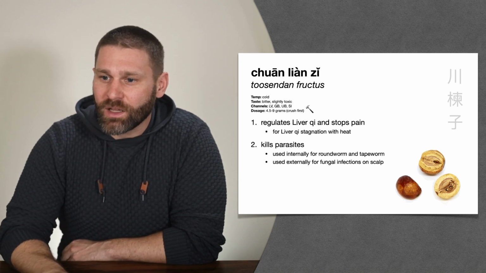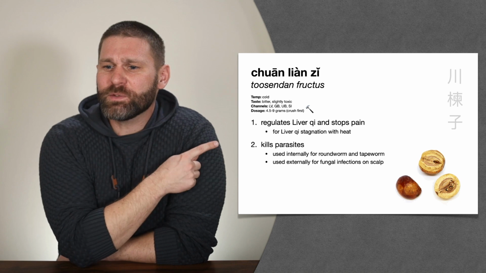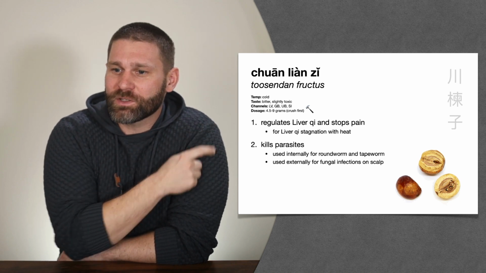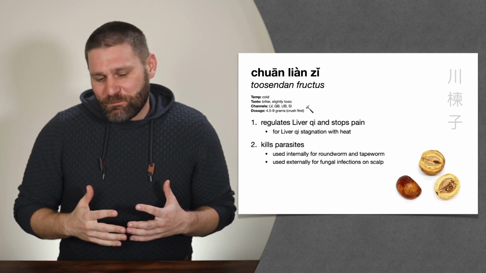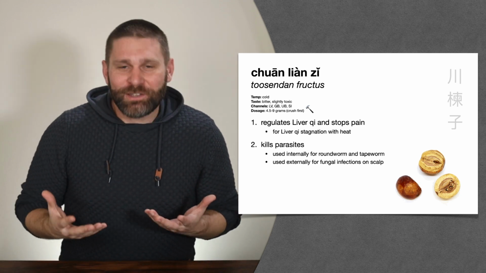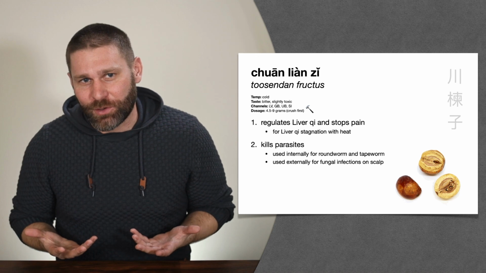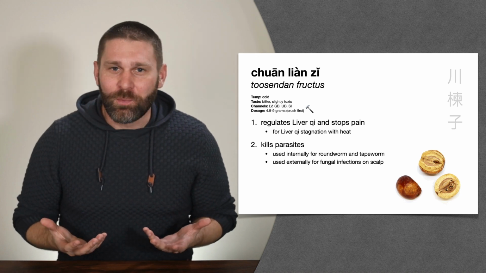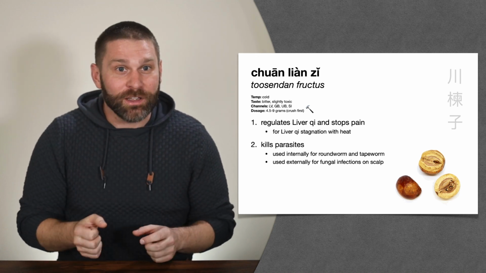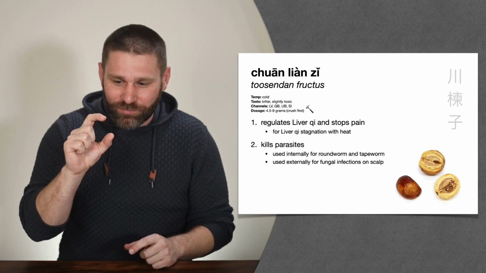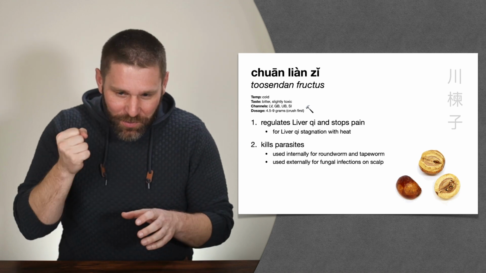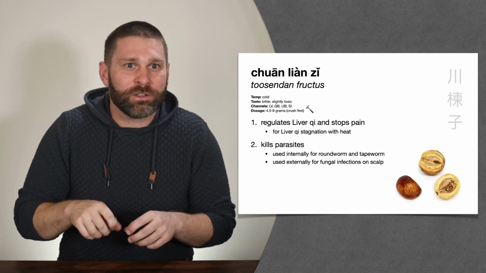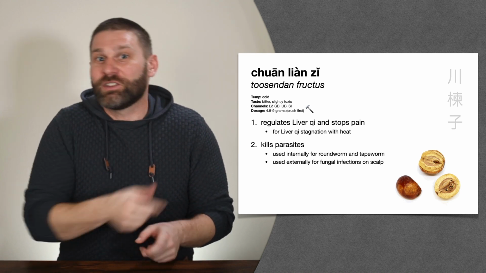And that's Chuan Lien Zi. This one is kind of interesting. According to the books, you should crush it first. And this is very difficult to crush. If you have a mortar and pestle, because they're very round, and sizable, not quite walnut size, when you try to crush them with your mortar and pestle, it's very likely that they'll just slip and pop out.